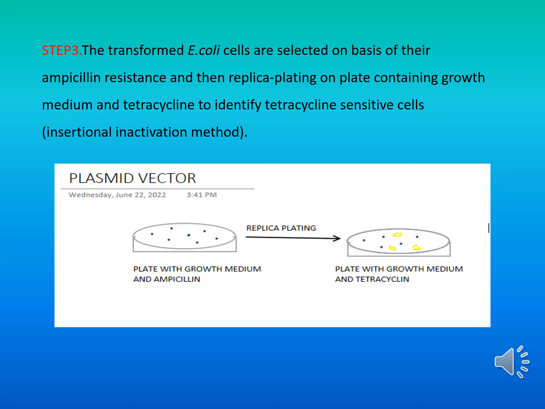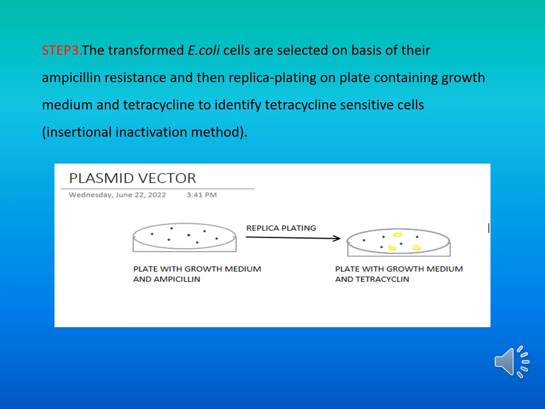First we grow the bacterial cells with recombinant vector in a medium containing ampicillin, and then bacterial colonies are replica plated on another plate which contains the antibiotic tetracycline. Now the transformed E. coli cell is not able to grow on this tetracycline plate because the tetracycline resistance gene is inactivated by the insertion of insert DNA in it.